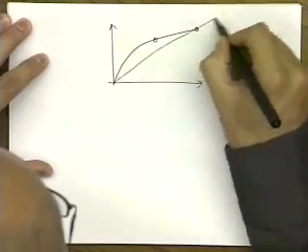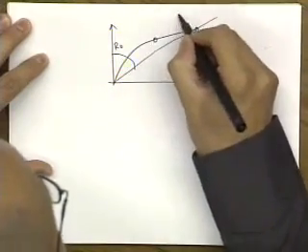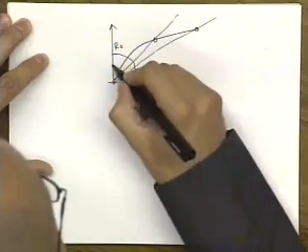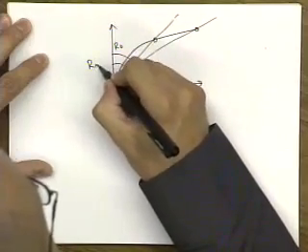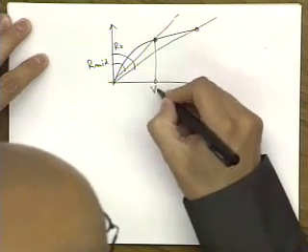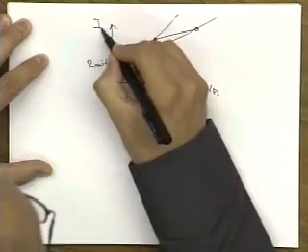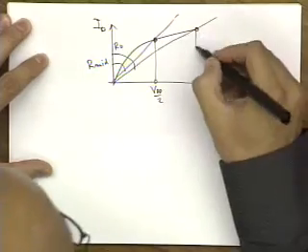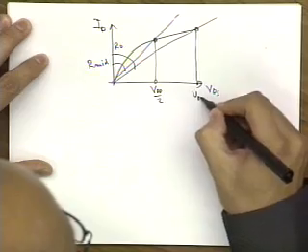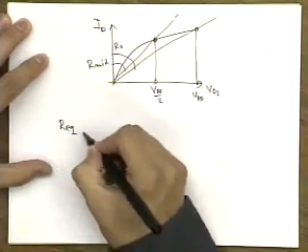You have R naught, and then another line here that is your R midpoint. So this is VDD over 2.